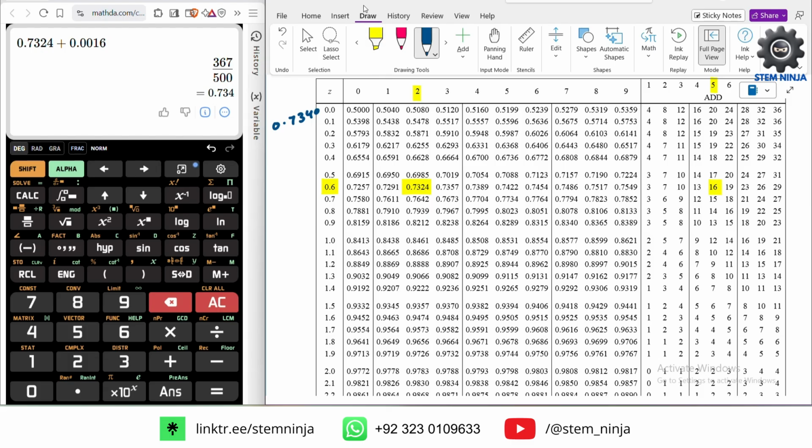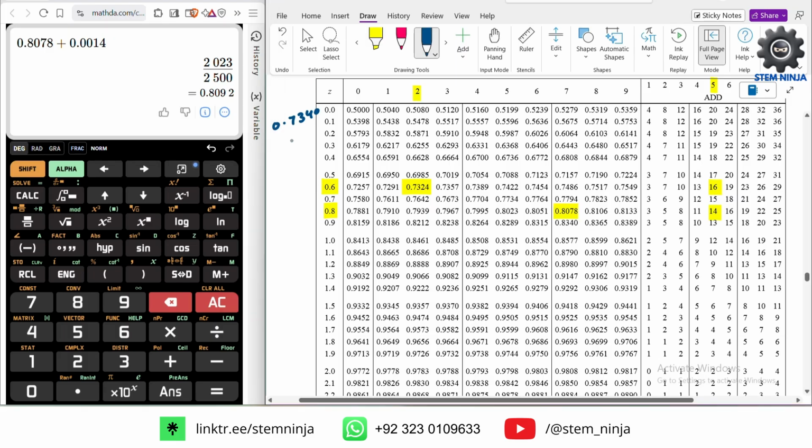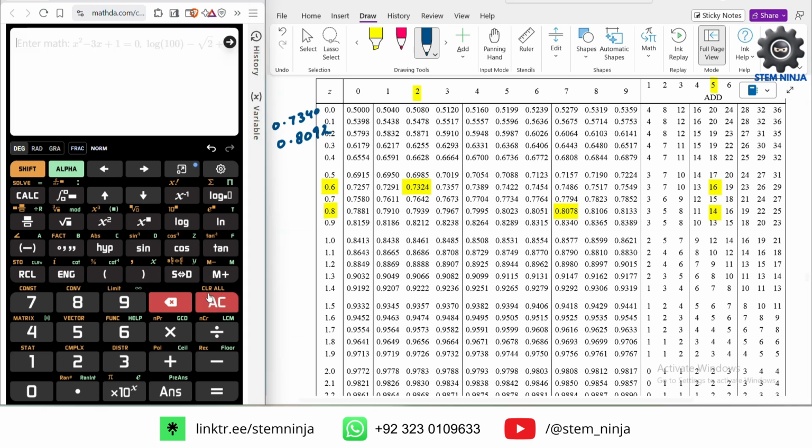Okay, next one was 0.875, so 0.87 and 5. So same thing, 0.8078 plus 0.0014, so we get 0.8092.